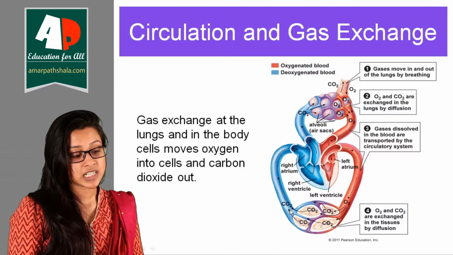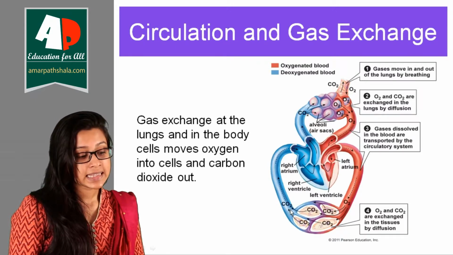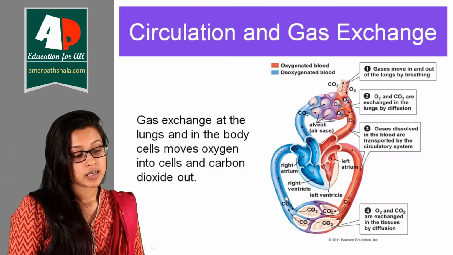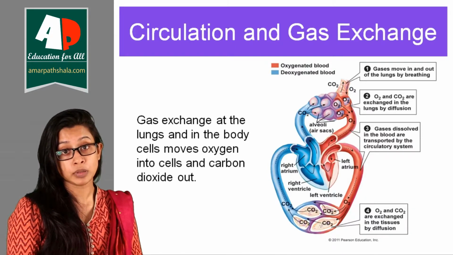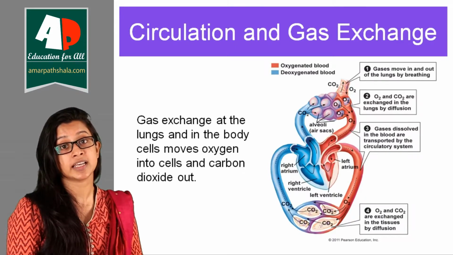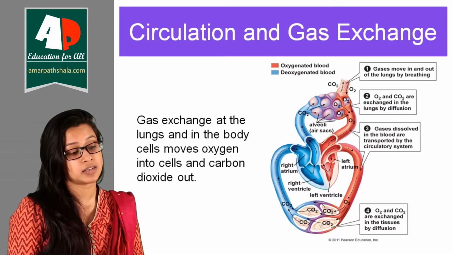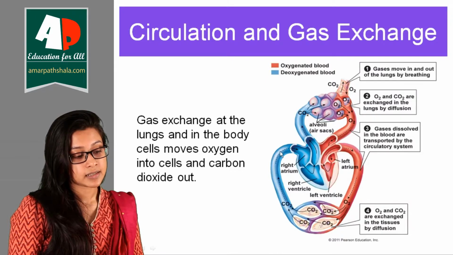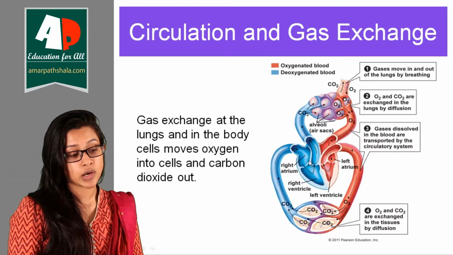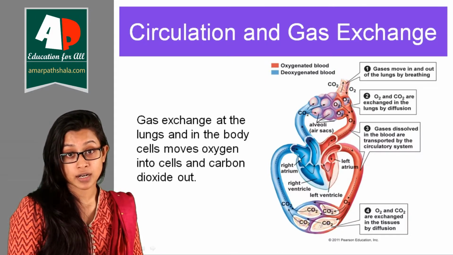into the bloodstream. And then they are carried out by the veins, and this deoxygenated blood, or blood that is higher in concentration of carbon dioxide, is passed through these veins into the right atrium of the heart.